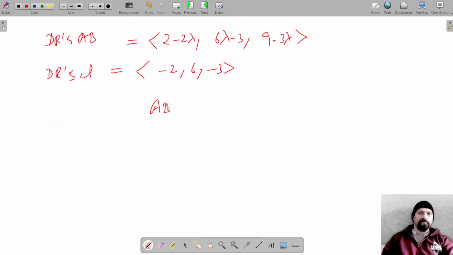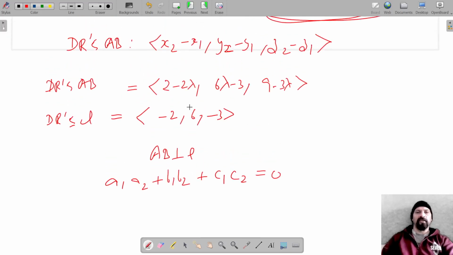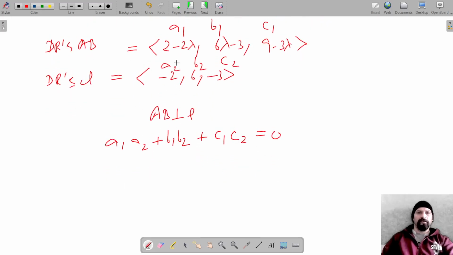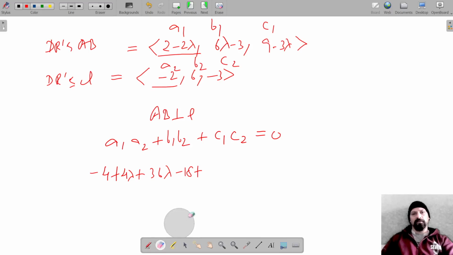Now AB is perpendicular to L, so that means a1 times a2 plus b1 times b2 plus c1 times c2 is equal to 0, where these are the direction ratios a1, b1, c1 and a2, b2, c2. So let's multiply them. (2 minus 2 lambda) times -2 is -4 plus 4 lambda. b1 times b2, (6 lambda minus 3) times 6, is 36 lambda minus 18, plus -3 times (9 minus 3 lambda) is -27 plus 9 lambda, equal to 0.